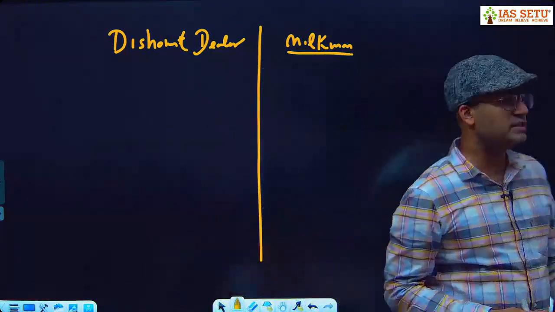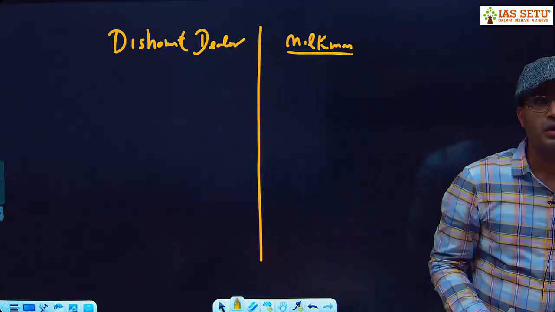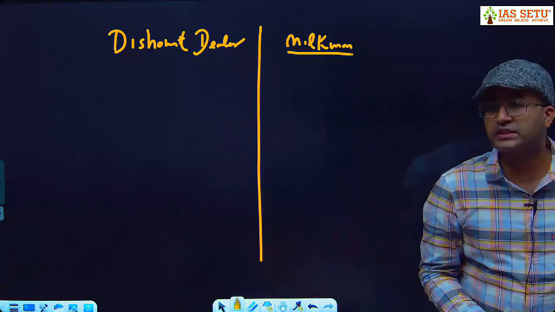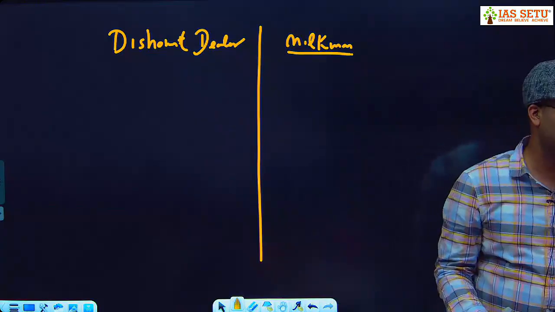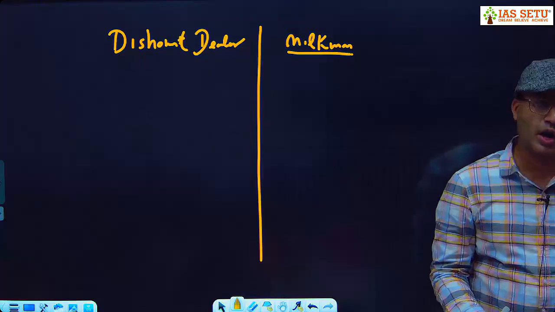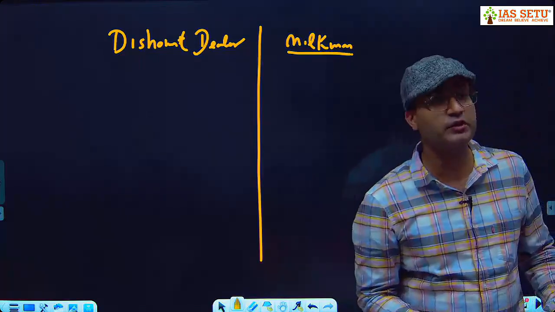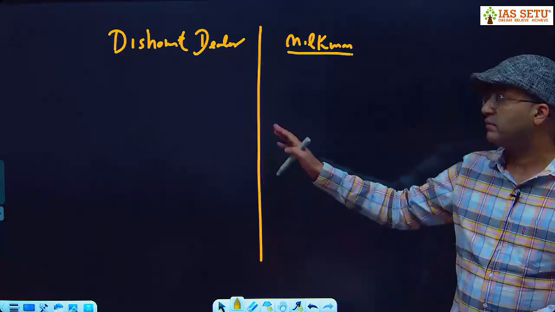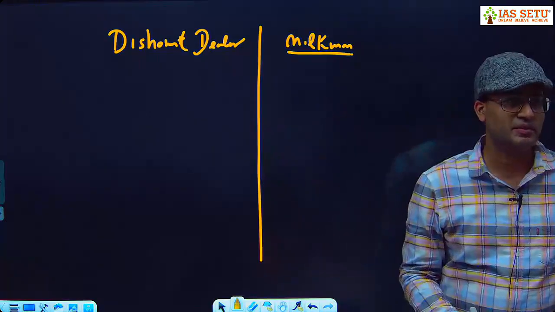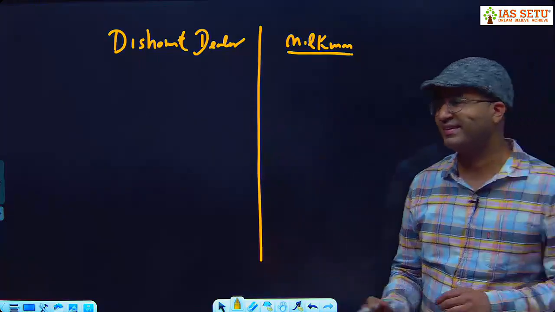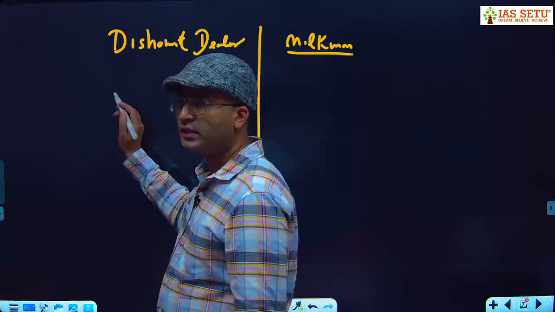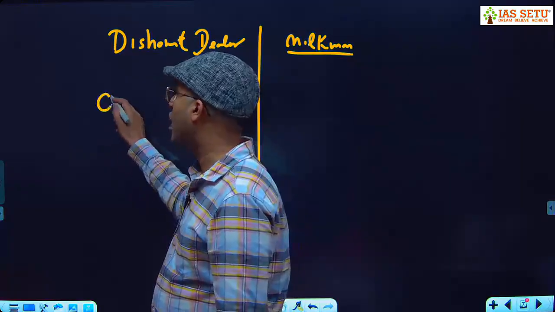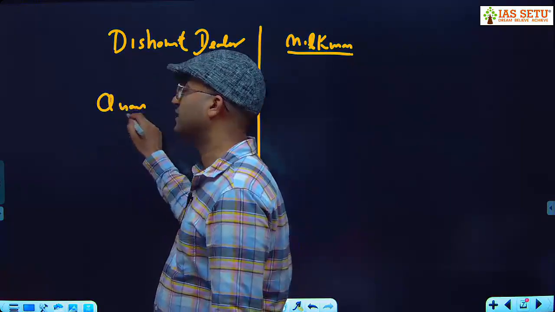This dishonest dealer, what type of cheating is he doing? Giving less quantity, but pure. वो 800 ग्राम दे रहा है instead of 1 kg, but giving the pure and still better. मिल्कमैन का तो पता नहीं क्या मिला रहा है, यमुना जी का पानी मिला रहा है, कहाँ कहाँ मिला रहा है. So here, this dishonest dealer is doing cheating by way of quantity. वो quantity पे cheating कर रहा है.